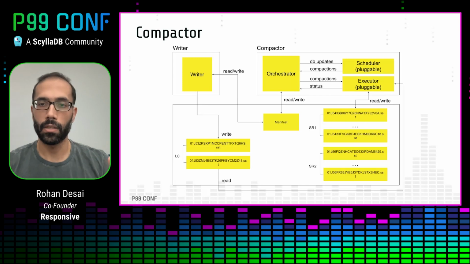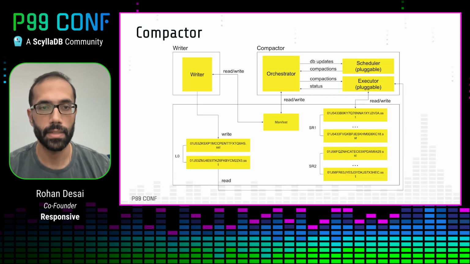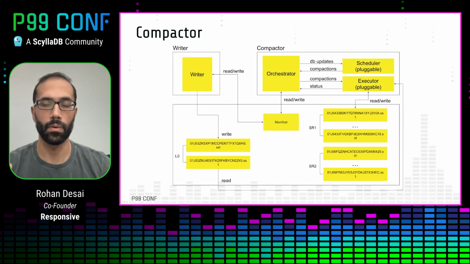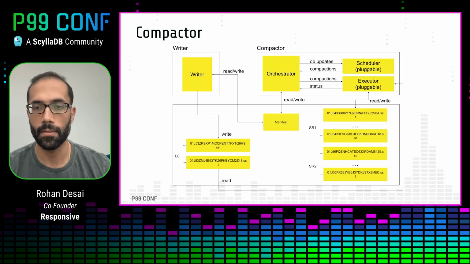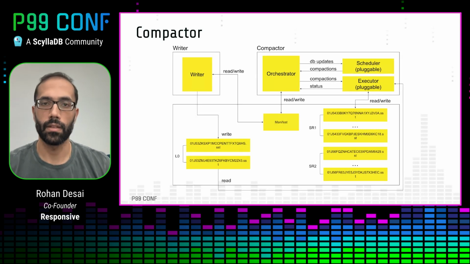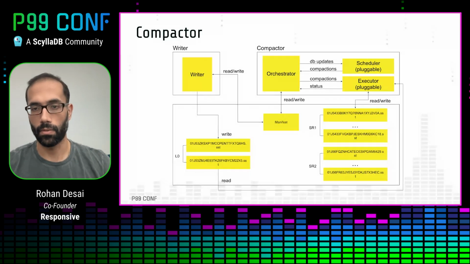But because it's pluggable, it's very easy to write new compaction styles, or if you're using SlateDB and you have some style that would work well for a specific use case, you can pretty easily plug in a different policy. Lastly, there's the executor, which goes and does the actual work of merging sorted runs and writing out the compacted sorted run.